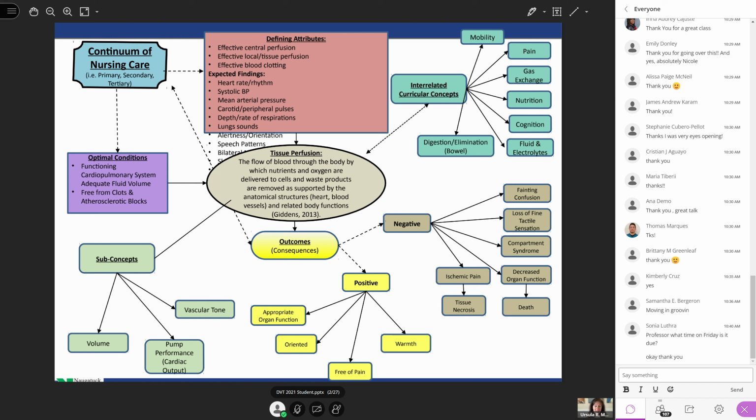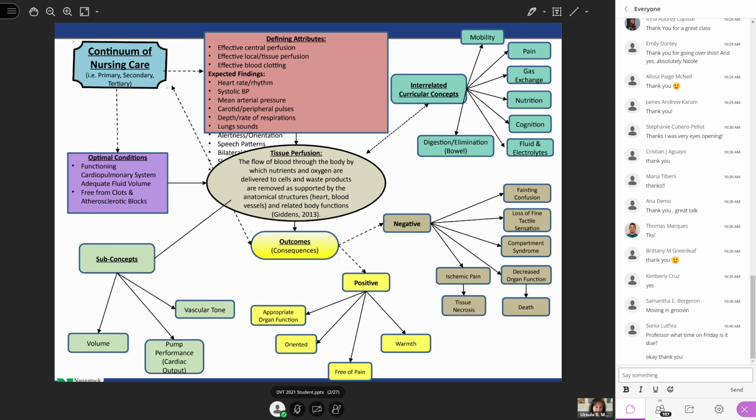When it goes to the lungs, it gets that nice oxygen and then it goes back out through the whole body and delivers the oxygen to the cells and brings back the CO2, right? So we are delivering the oxygen, and that is a very, very important piece of tissue perfusion. I'm going to really pull it together tomorrow, much more so than today's topic.